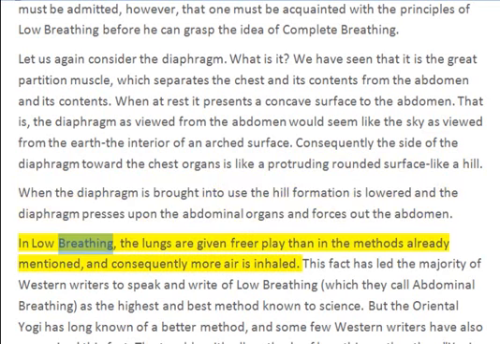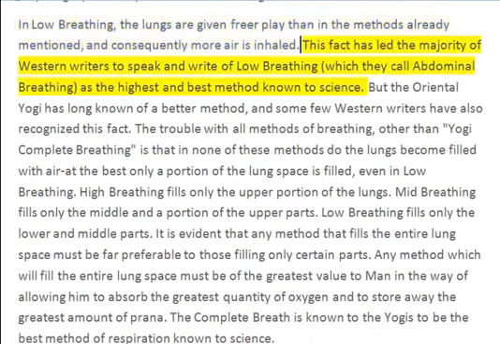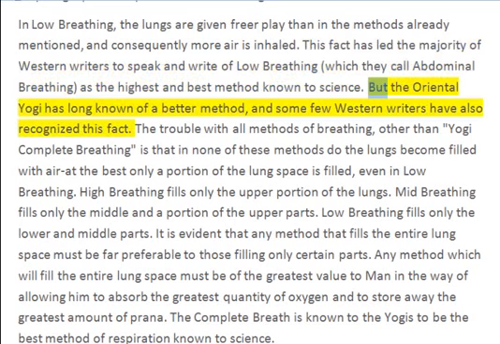In low breathing, the lungs are given freer play than in the methods already mentioned, and consequently more air is inhaled. This fact has led the majority of Western writers to speak and write of low breathing, which they call abdominal breathing, as the highest and best method known to science. But the Oriental yogi has long known of a better method, and some few Western writers have also recognized this fact.